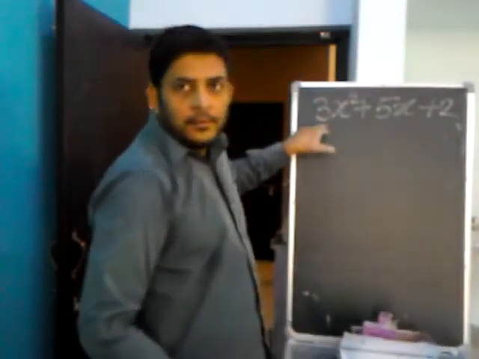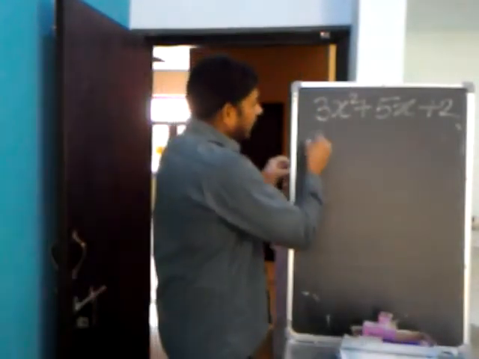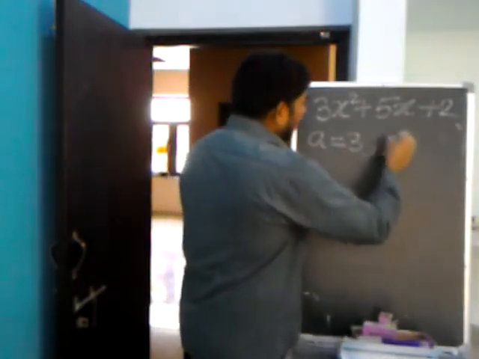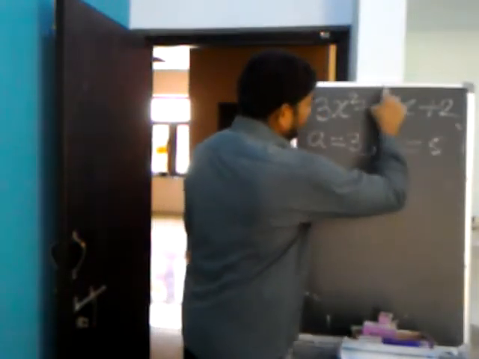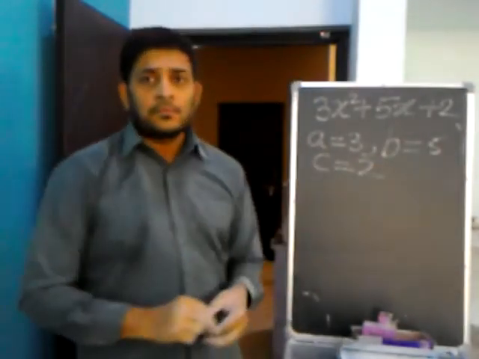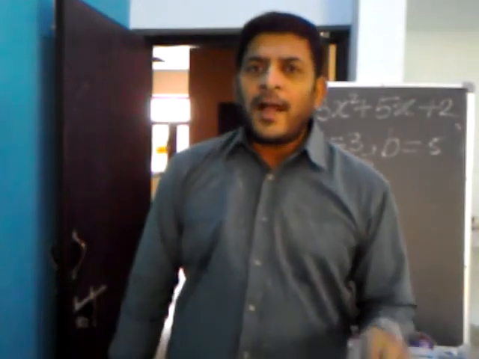Here, first of all, let's see: A is 3, B is 5, and C is 2. Now, first of all, I will solve it.